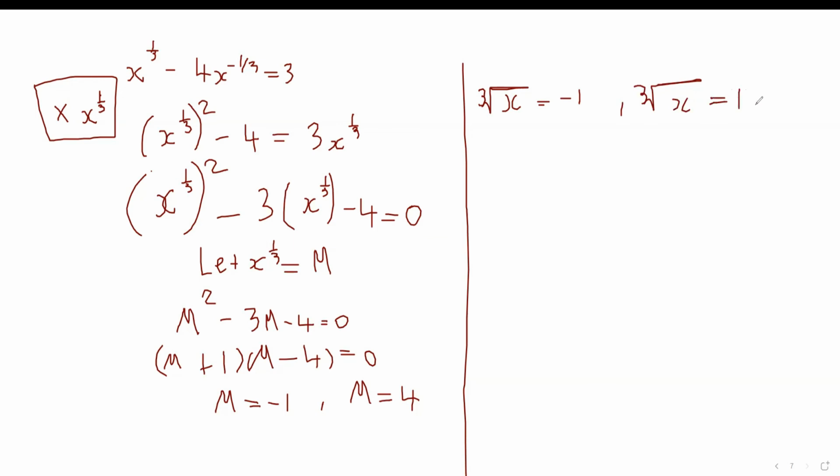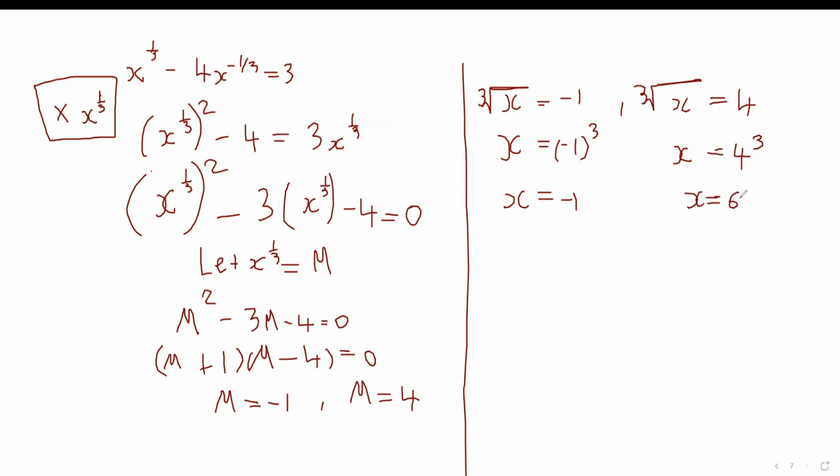So if the cube root of x equal minus 1, you can cube both sides. And so x would be equal to minus 1 cube, and minus 1 cube is just minus 1. Or over here, when you cube both sides, you get x is equal to 4 cube, and 4 cube is 64. So this will tell us that x equal 64.